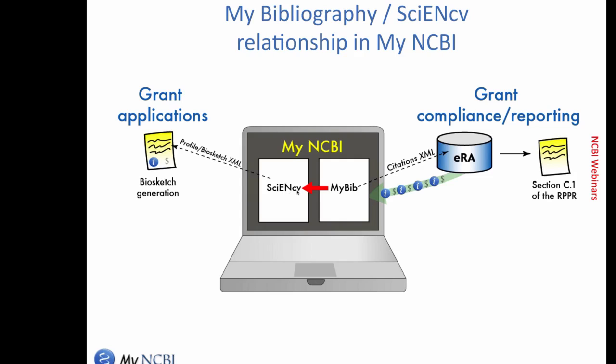That way, you don't need to worry about formatting these citations. You don't need to worry about curating many sets of citations for your My Bibliography. You only curate one set of citations regarding your publication history, and that can be exported into SciENcv and used to create many Biosketches in many formats, depending on the desired format for the agency.